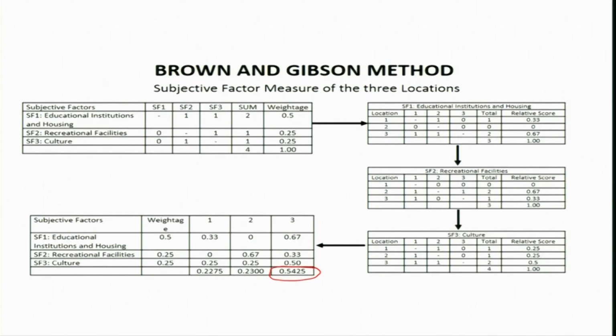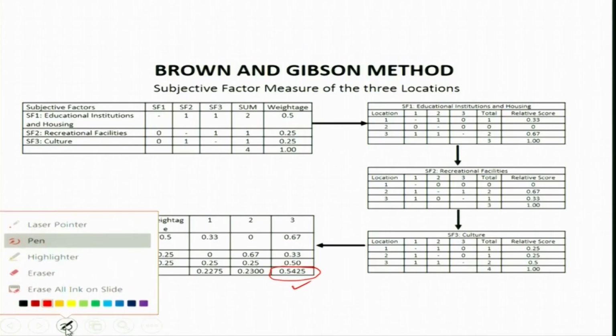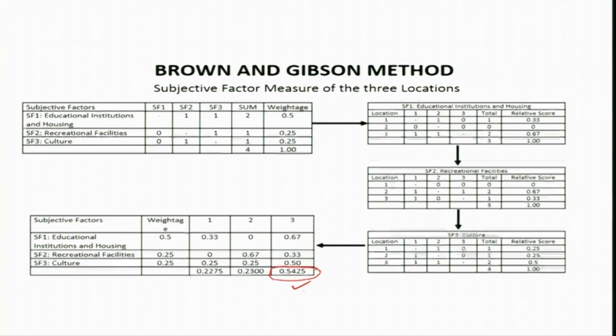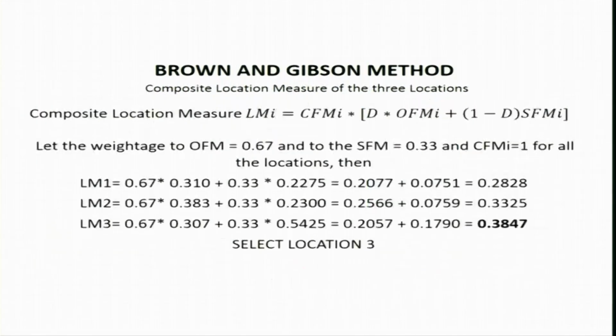This is the subjective factor measure we have calculated so far. This is the best location from the subjective factor perspective, not from the overall perspective. The overall perspective we will see in the next slide. So far we have calculated the objective factor measure and the subjective factor measure for all the 3 alternatives, and we assume that the critical factor measure for all the 3 locations is equal to 1.